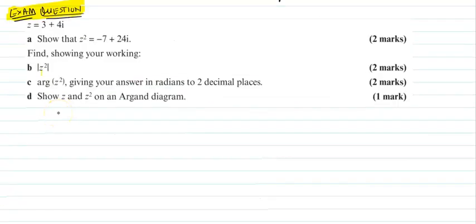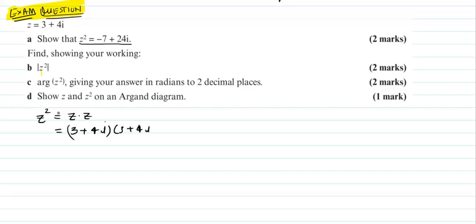Here's an exam question. z is given as 3 plus 4i and you need to show that z square equals minus 7 plus 24i. So z square means you are multiplying z times z, right? And what is z? z is 3 plus 4i here and you are multiplying 3 plus 4i.